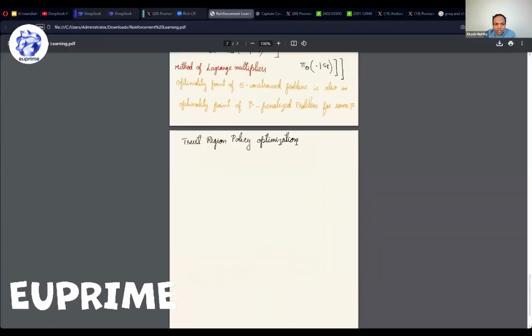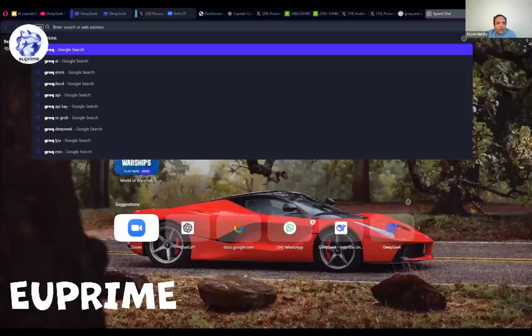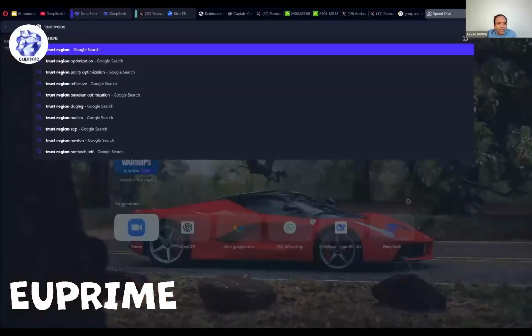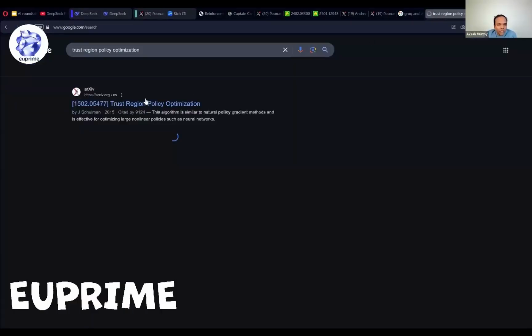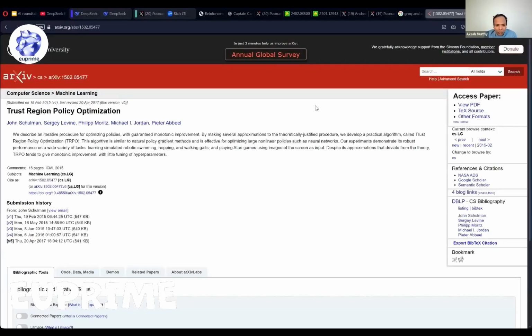trust region policy optimization? Or you can just type it on Google. I mean, we won't get into all the technicals, but basically, yeah, this is the main paper on which this whole reinforcement learning work is built.